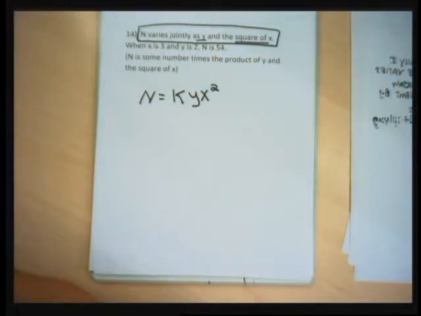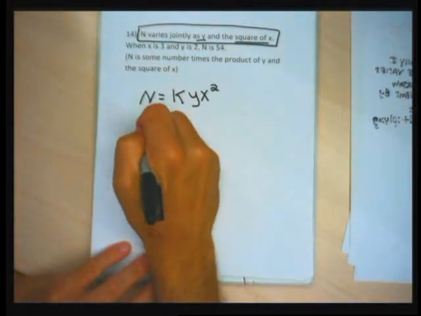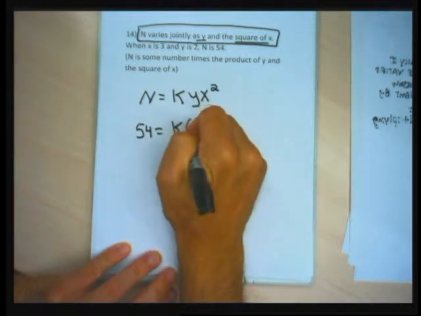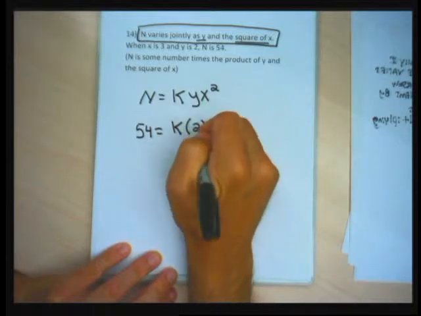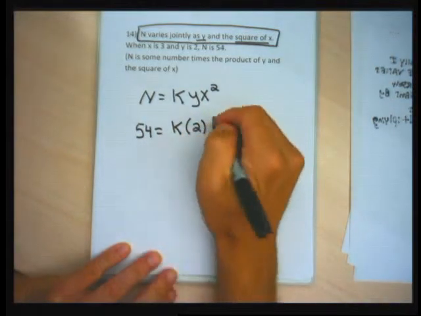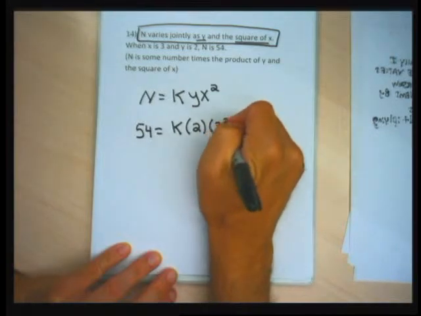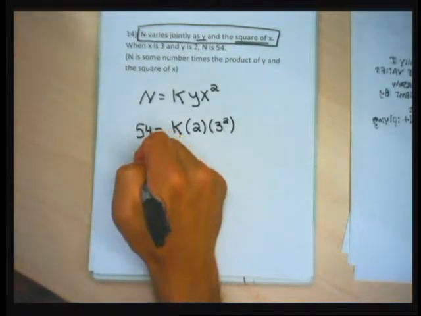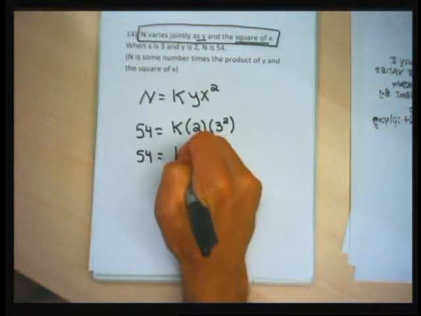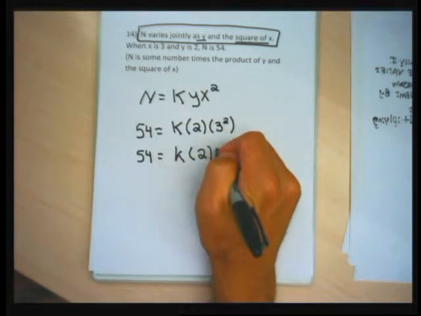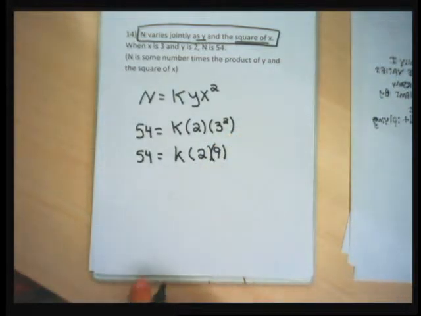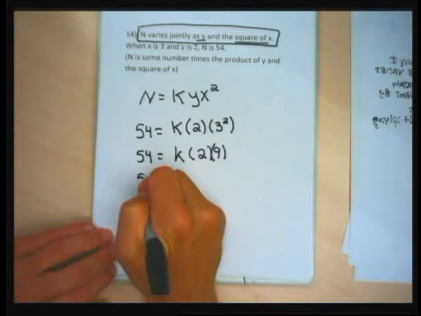Now I'm going to shove the numbers in. I'm going to put 54 in for n. I'm going to leave the k alone. And for y, I'm going to plug 2. I'm going to put it in parentheses to signify the multiplying, to somehow separate the y from the x. And then for the x, I'm going to plug in 3. And now it's just completely order of operations. The first thing I should do is exponent. And on the right side, the only exponent I see is 3 squared. 3 squared is 3 times 3, which is 9. And then I'm going to multiply on the right side the 9 and the 2 and get 18.